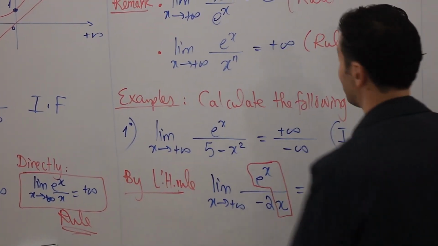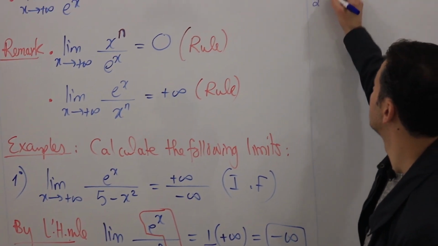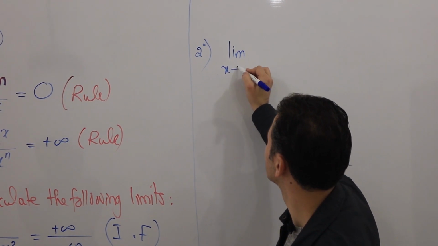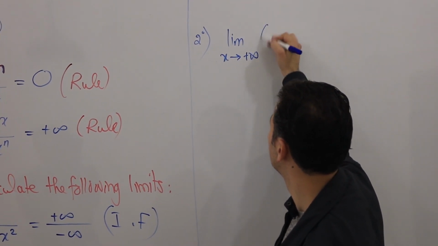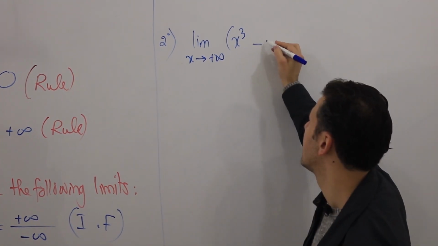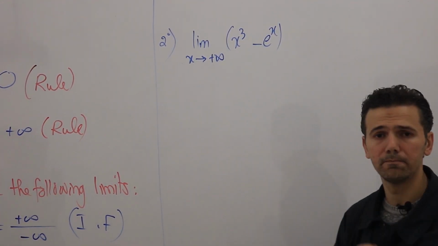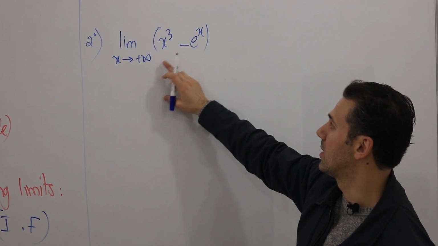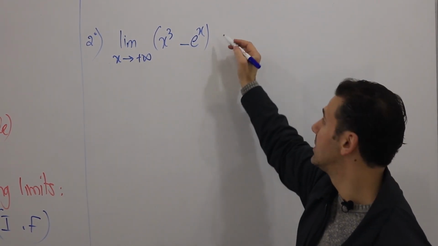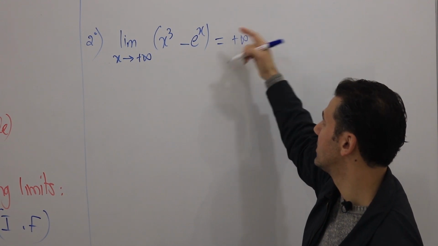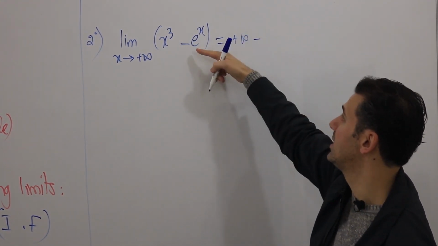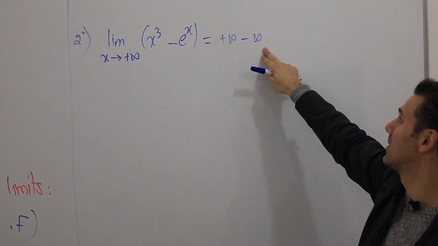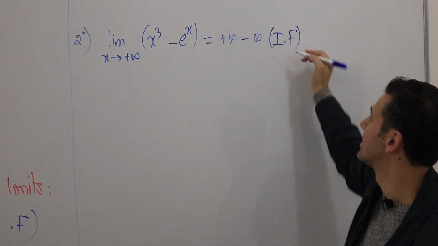Let's see another example to understand these limits very well. Second part, the limit as x tends to plus infinity of x cubed minus e^x. Well, the first step, usually we substitute x by plus infinity, or let x go to plus infinity, the same meaning. You will get plus infinity cubed, which is plus infinity, minus e to infinity, which is infinity. As you saw, it's not zero, sorry. Sure, this is an indeterminate form case.